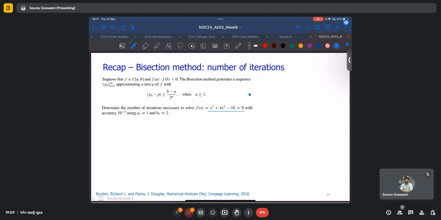So the way to do this is to use logarithms. You already know that pn minus p is less than or equal to (b minus a) by 2 power n. But the RHS can also be written as (b minus a) times 2 power minus n. And this has to be less than 10 power minus 3 because this is the accuracy we're looking for.